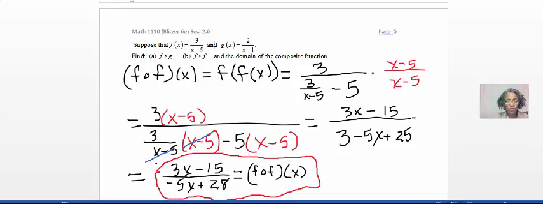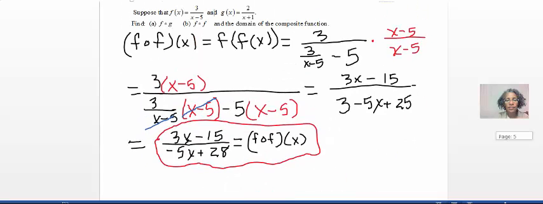I was also asked to find the domain. So obviously x can't be 5 because that's not in the domain of f. So I obviously need to leave that out. But I also need to make sure this denominator is not 0. So I also need minus 5x plus 28 to not equal 0.